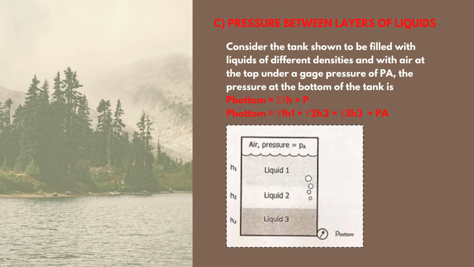So dito naman class, pressure between layers of liquids. Considering the tank shown to be filled with liquids at different densities and with water at the top under a gauge pressure of PA, the pressure at the bottom of the tank is the summation of unit weight multiplied by H plus P, which refers to the air pressure doon sa tank as shown on the figure below.